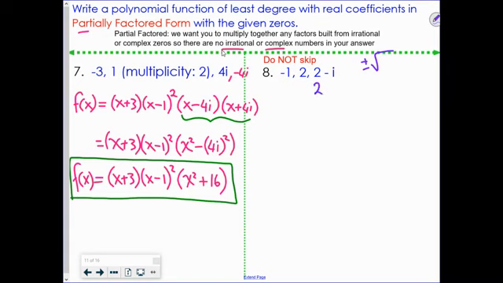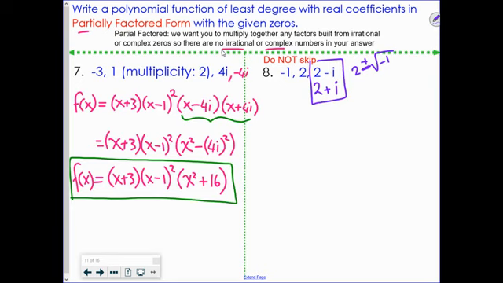So this 2 minus i is like saying 2 minus the square root of -1. It also has one where there's a plus in front of that. So remember, these complex ones and irrational ones always come in a plus or minus, but the plus or minus goes in front of the square root part, not necessarily at the beginning of the zero.